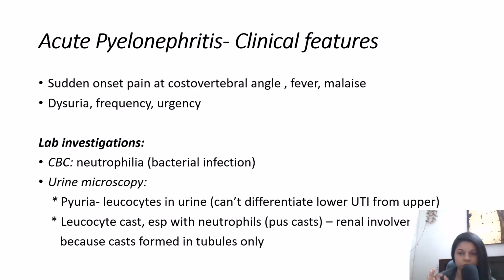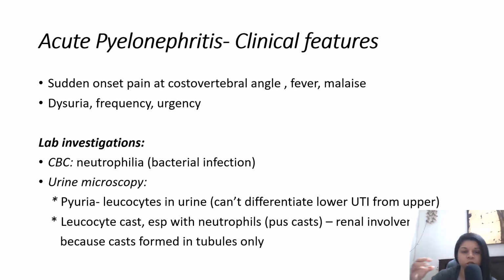In CBC, because it is a bacterial infection, you will have increased neutrophils. And in the urine you will have pus or leukocytes. Pus, I said, is degenerated neutrophils. So you will get neutrophils, WBCs and pus mainly in the urine, which is indicative of UTI only. But when you start getting WBC casts, because a cast, I said in the last class, is formed when some substances accumulate in the tubules and take a cylindrical shape, as that accumulation passes through the tubules.